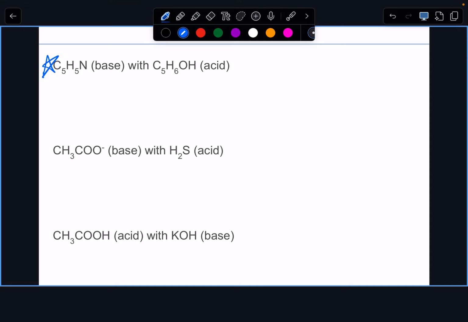Of course, if it's water, then you're definitely writing base and then water, so yeah. So since we just talked about it, I'll write the acid first here.